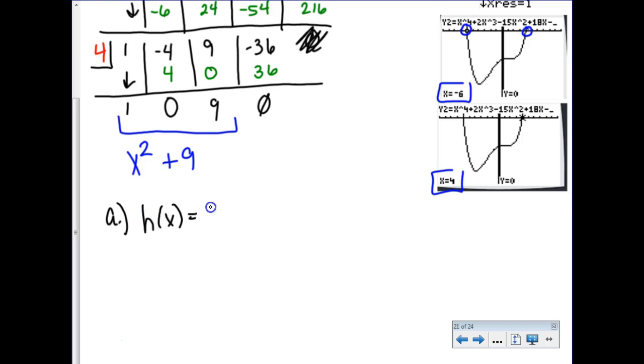They want those written as factors, so the factors x plus 6 and x minus 4. Those were the ones from the calculator. And then they wanted an irreducible quadratic. If you hit a quadratic that cannot be factored without the use of something weird, this is what they want. So for us, that'd be x squared plus 9.